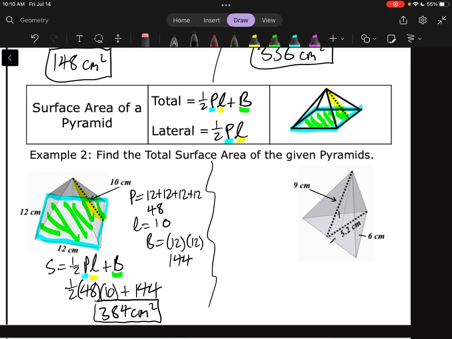And then we've got a triangular prism, or I'm sorry, triangular pyramid here. So once again, we'll do 1/2 PL plus B. P is the perimeter, which it looks like that's a regular triangle down there. All the sides are 6, so we'll do 6 plus 6 plus 6, which is 18. For the L, it looks like we've got a slant height of 9 here.